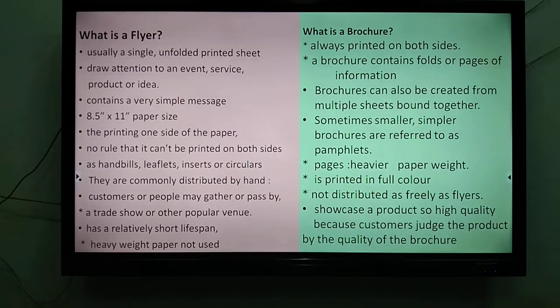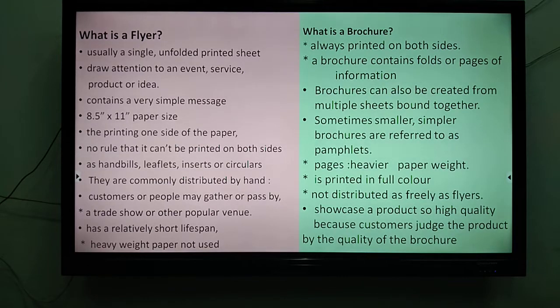Now a flyer is usually a single piece of paper. It is unfolded and it is printed, yes, on one side. It is printed for drawing attention to an event or some service that is being provided by someone, or a product or an idea.